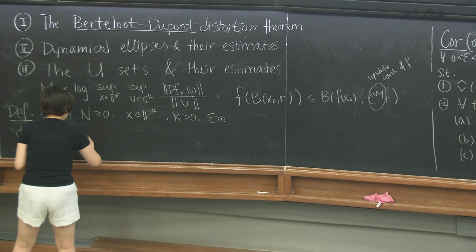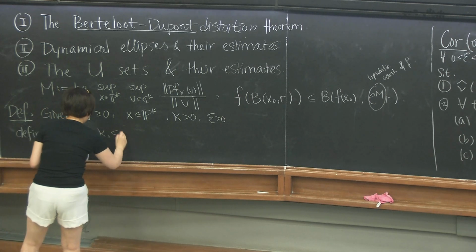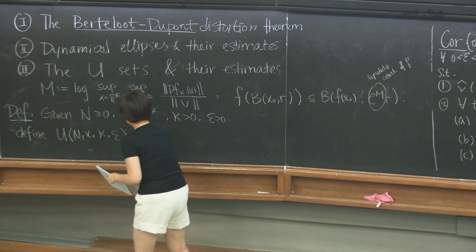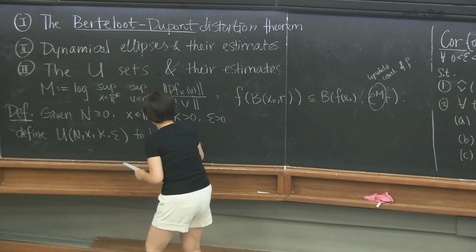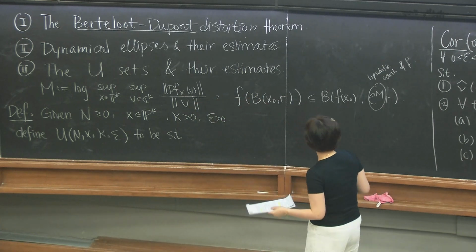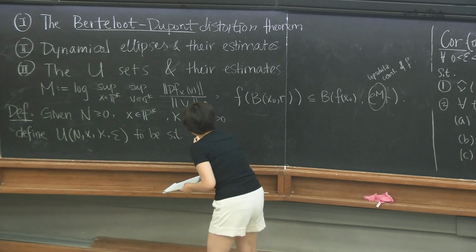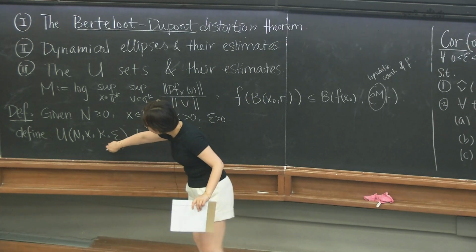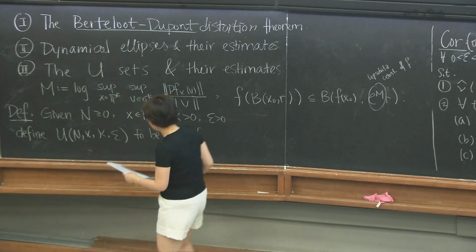U n x kappa epsilon. I define this to be a set which satisfies the following properties. There are two properties. The first property is, if I take f to the power of n of this set, I get a ball.